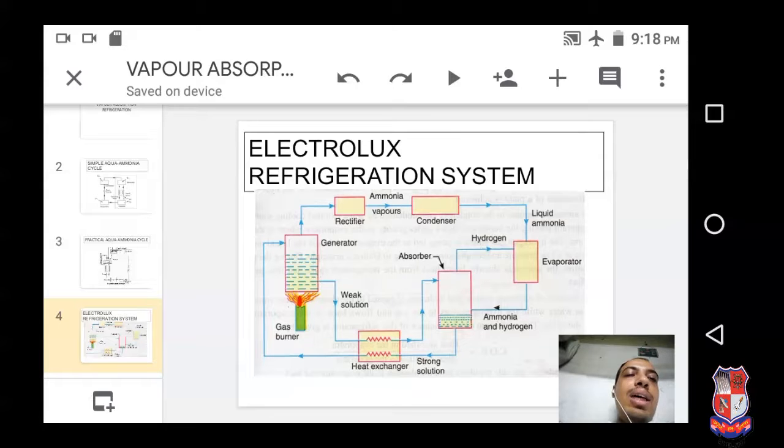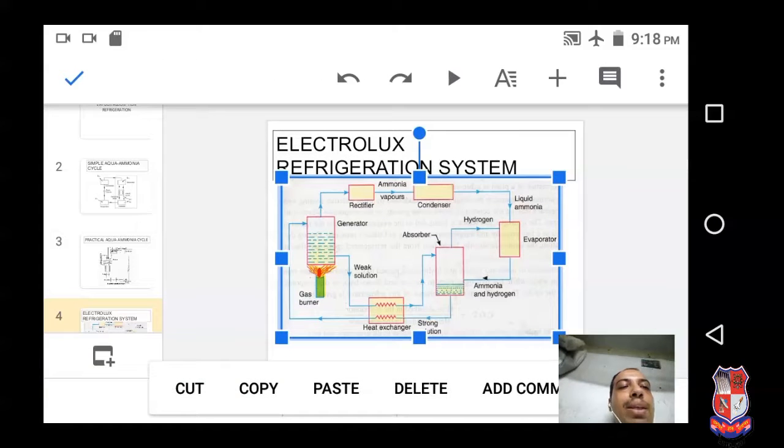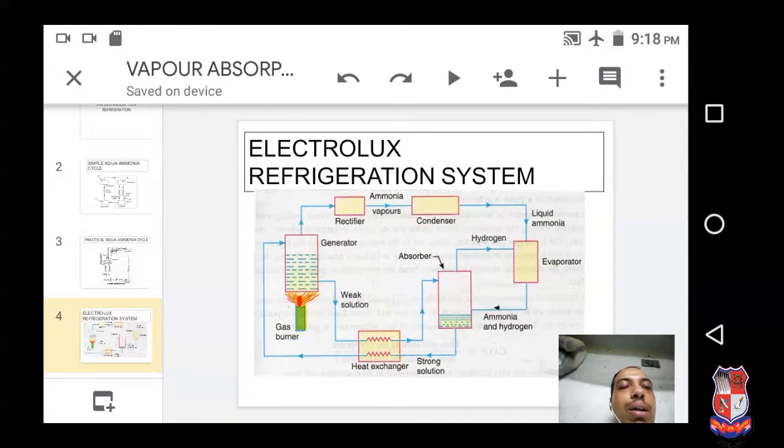Here, instead of two, three types of fluid are used. Up to now we know that water and ammonia are used, water as an absorbent and ammonia as a refrigerant. Same here, water as an absorbent and ammonia as a refrigerant, but a third fluid is added, which is known as hydrogen.